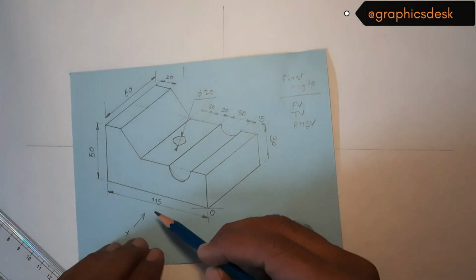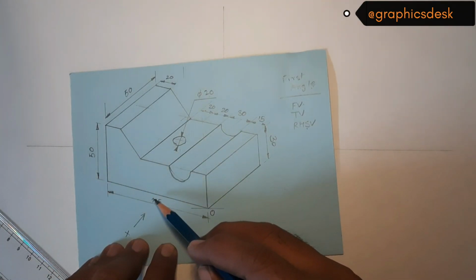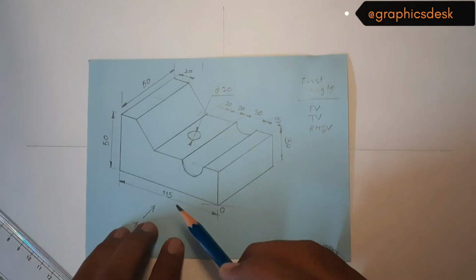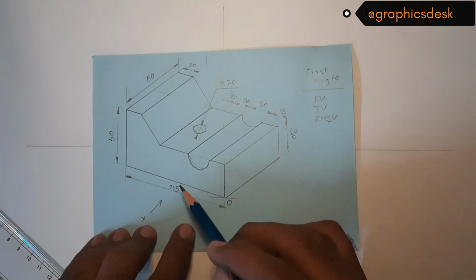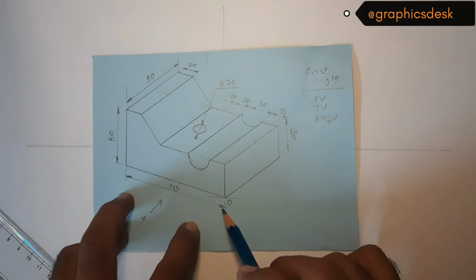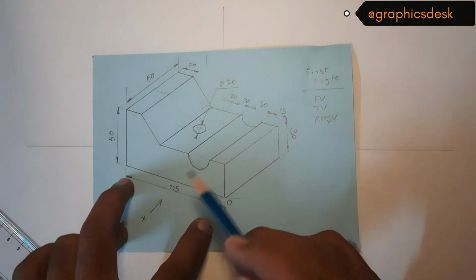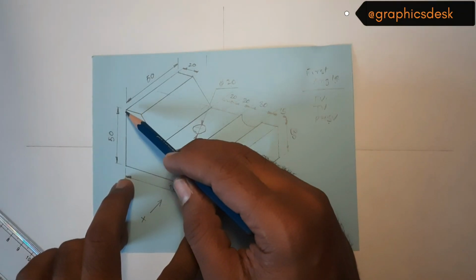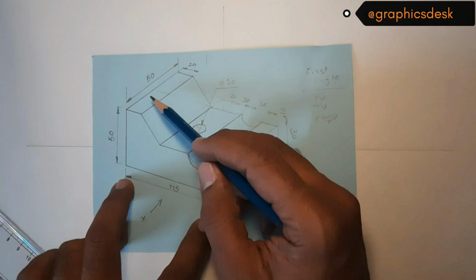Now, while starting with the front view, we have to take some margin above the XY line, and then we have to start. In the front view, the overall dimensions are 115 mm in the direction parallel to XY, and 50 mm is the overall height of this particular object.